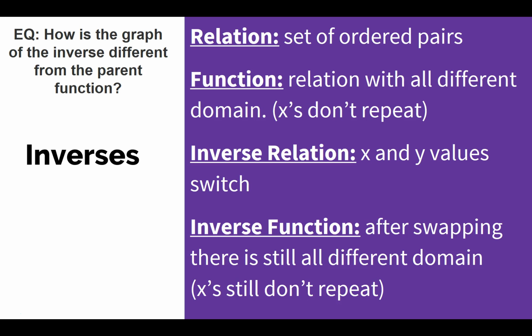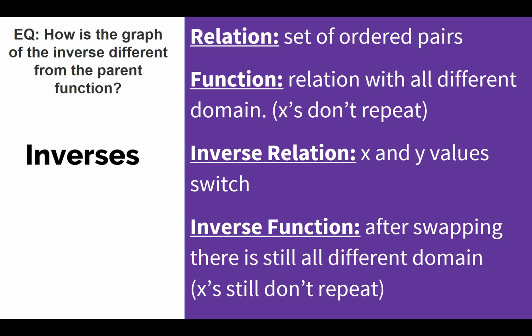There's a couple definitions. There's a relation and there's a function, okay? They're both technically an ordered pair. The difference between the relation and the function is that the function is only a function if your x's do not repeat. An inverse relation, to define the inverse of it, all you do is switch your x and y's.